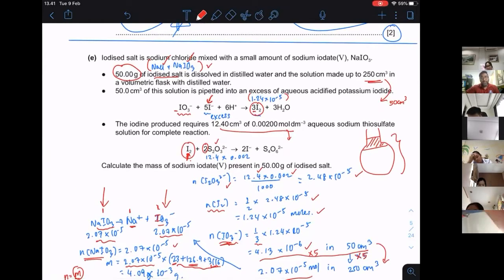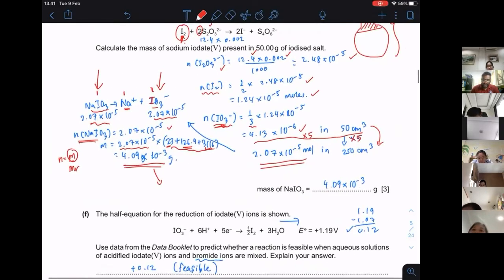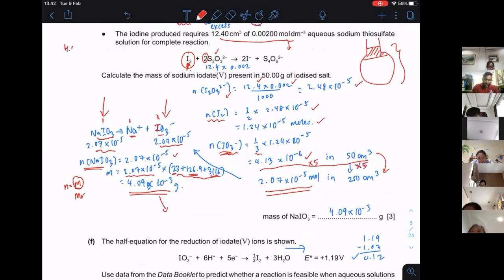They can actually continue to ask for the percentage by mass of NaIO3 in this sample. If they ask percentage by mass, then you just put 4.09 times 10 negative 3 divided by 50 times 100%. But here they don't want that.